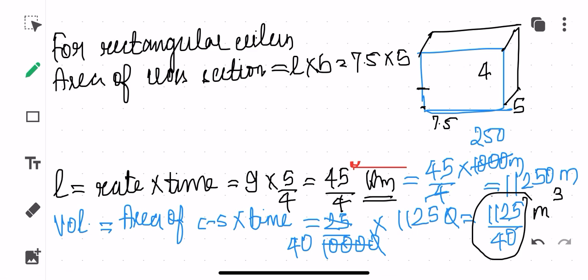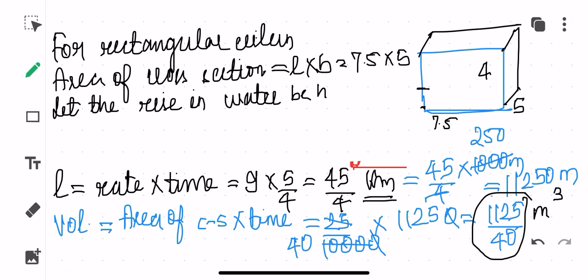And then what you will be writing, let the rise in water be h. Okay, so write down now that let the rise in water be h. This implies volume will be equal to 7.5 into 5 into h.